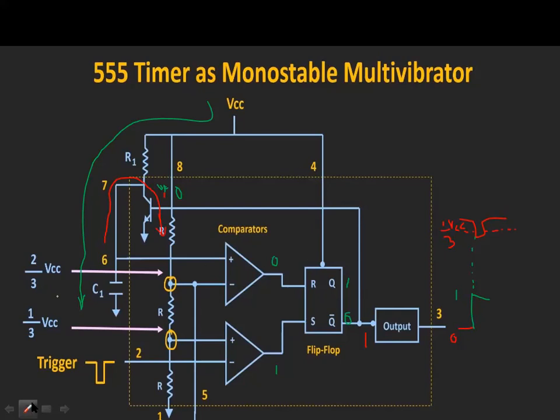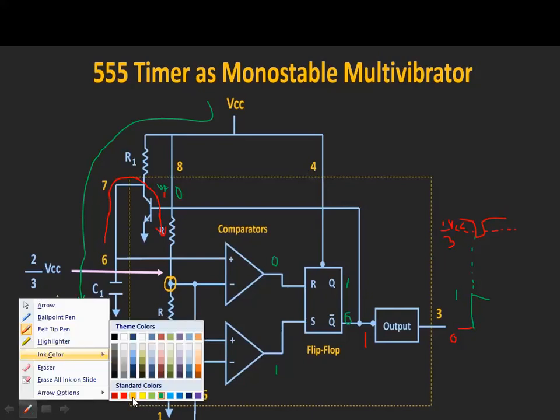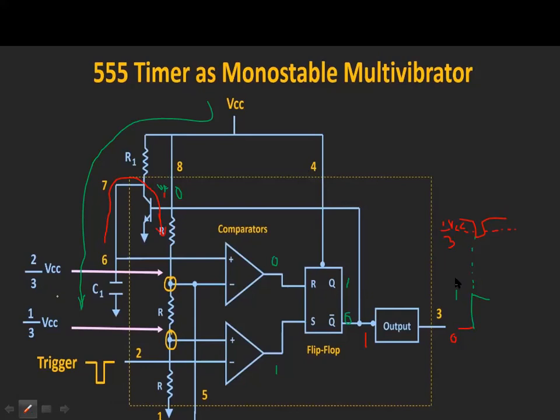So I am showing you the waveform here with a different ink. Let us assume this is the capacitor voltage. So it is 0 and now the capacitor is going to charge. Up to where is it going to charge?